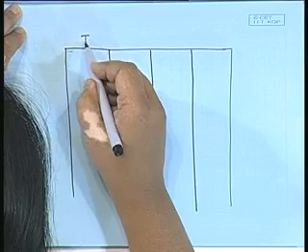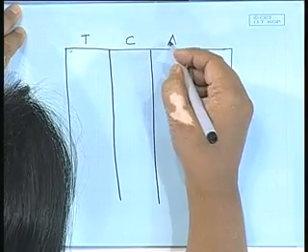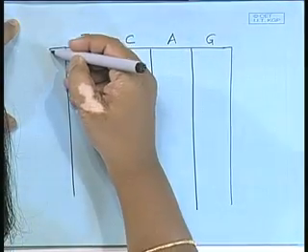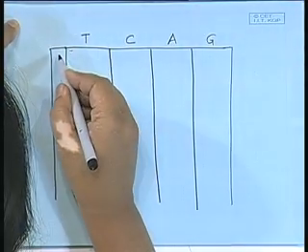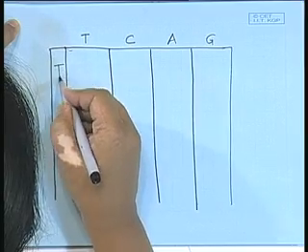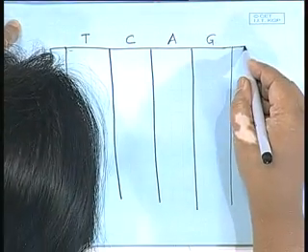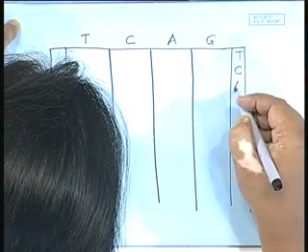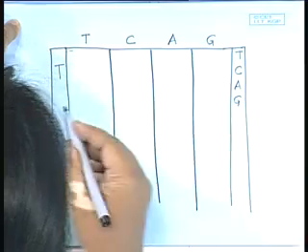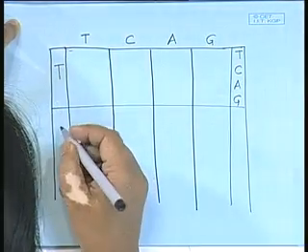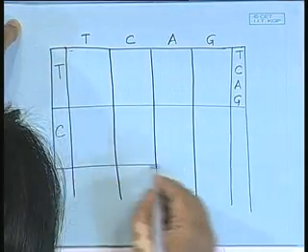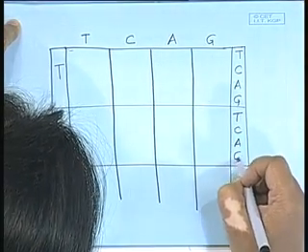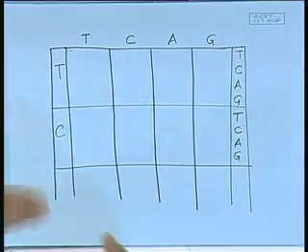We have T, C, A and G. Here we have say T, again T, C, A, G. Here we have C, again T, C, A, G. This is something that was found by Hargobind Khorana.